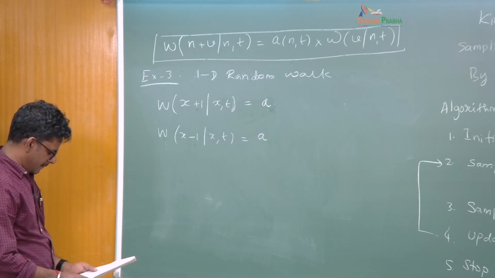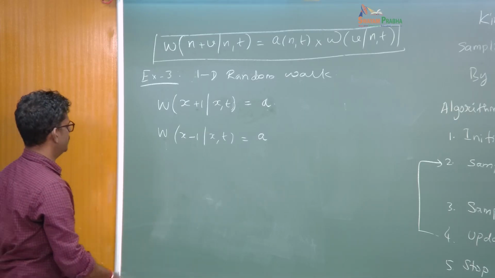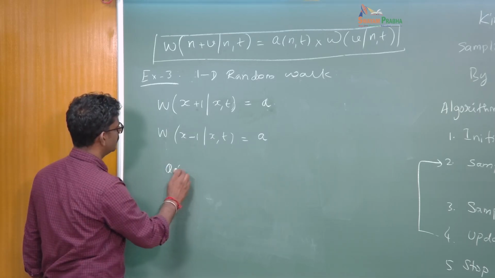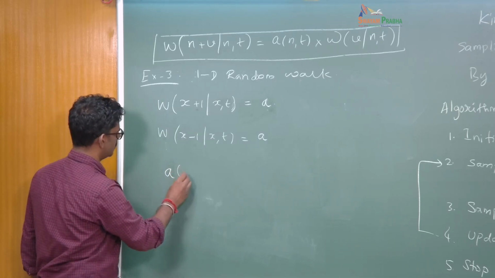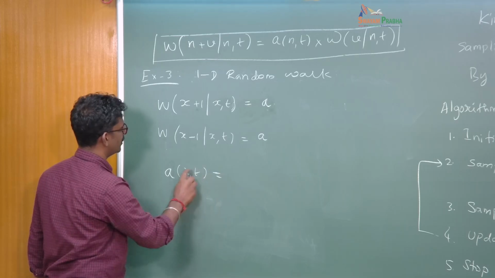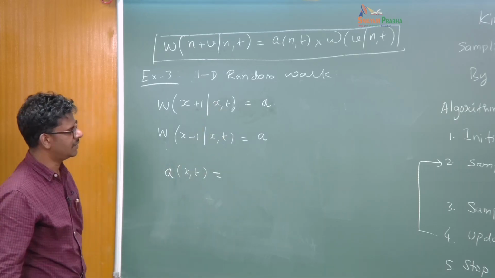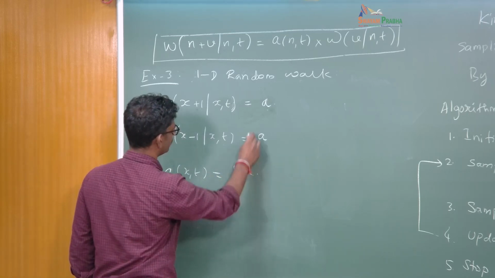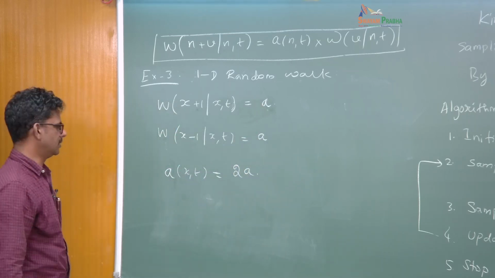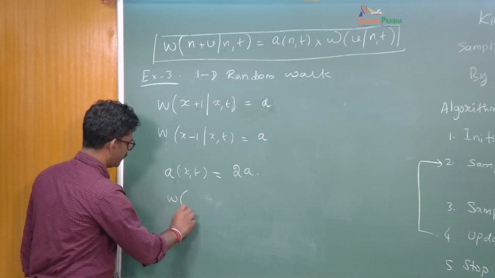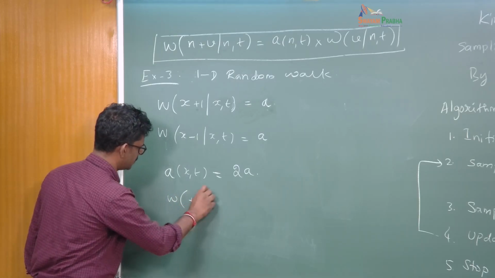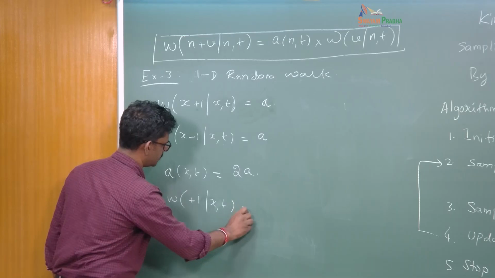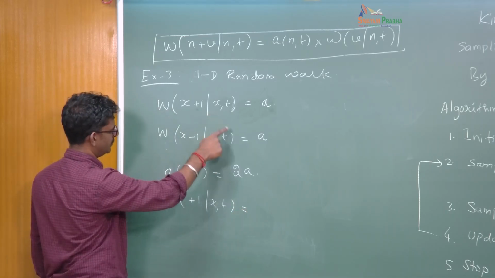So, in this case, as you would see here, our function a of x comma t, because x is the variable here, is basically the sum over all of this. So, I get 2a. Now, this omega function for plus 1 is equal to this w divided by a.